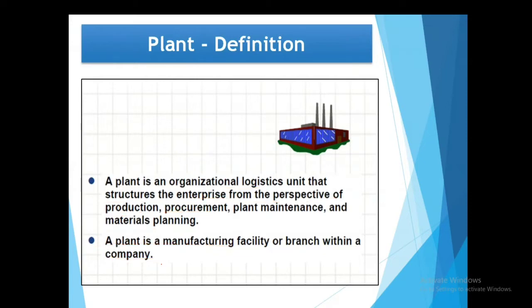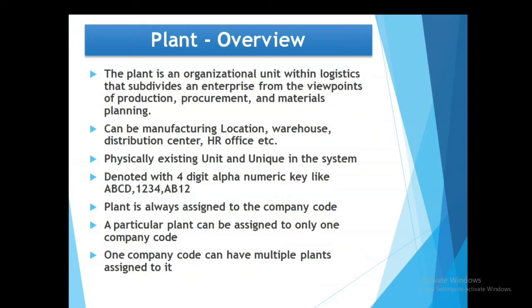A plant is like a location. It can be a manufacturing location, a warehouse, a distribution center, or an HR office. A separate HR office is also called a plant, and a plant will be physically existing and unique in the system.